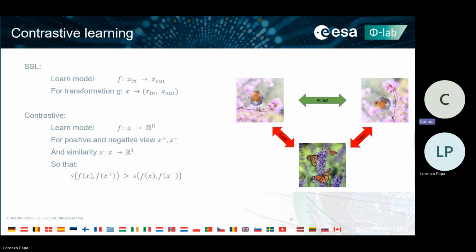Or you want to repel the ones that come from different classes. Why this? Because in this way, you are going to define your search space, your feature space. You are going to increase the distance and make it closer for the same class.